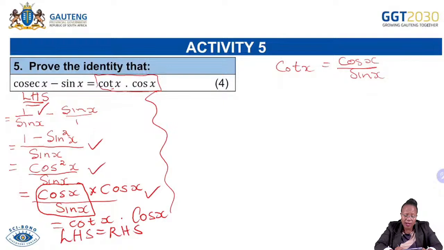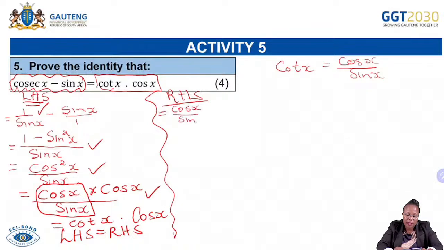And then one learner maybe sees an answer on the right hand side and decides to take this side instead of the left hand side. That means this particular learner must get the left hand side answer now. For the cot, the learner wrote that as cos x over the sine x identity multiplied by the cos x.